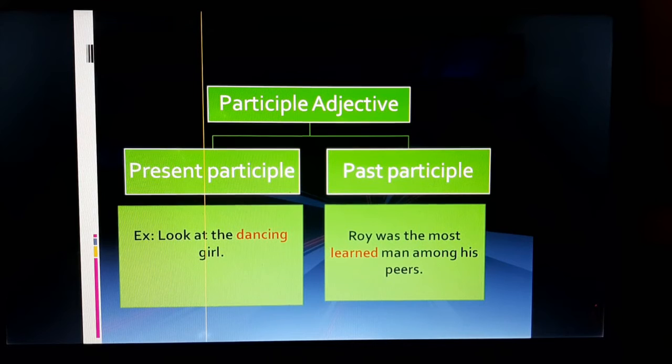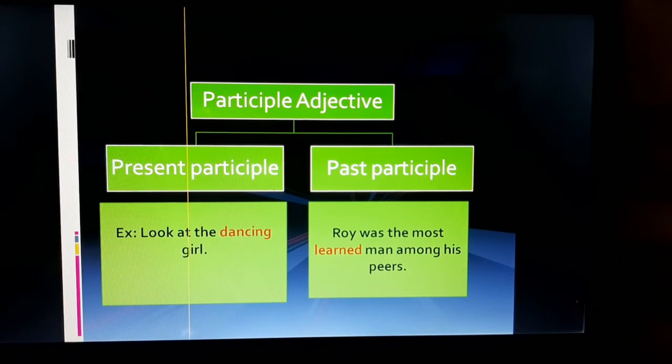So it's very simple to understand. This is showing an adjective but in different ways. One adjective ends with ing and shows an ongoing action, and the other ends with ed and shows a completed action. So it's our past participle adjective. They usually end with ed, en or n, but the present participle always ends with ing, right?